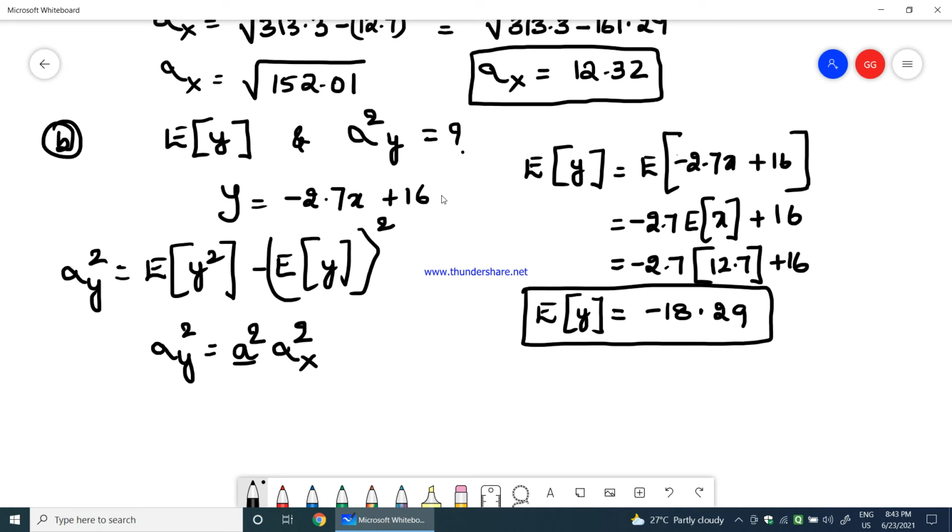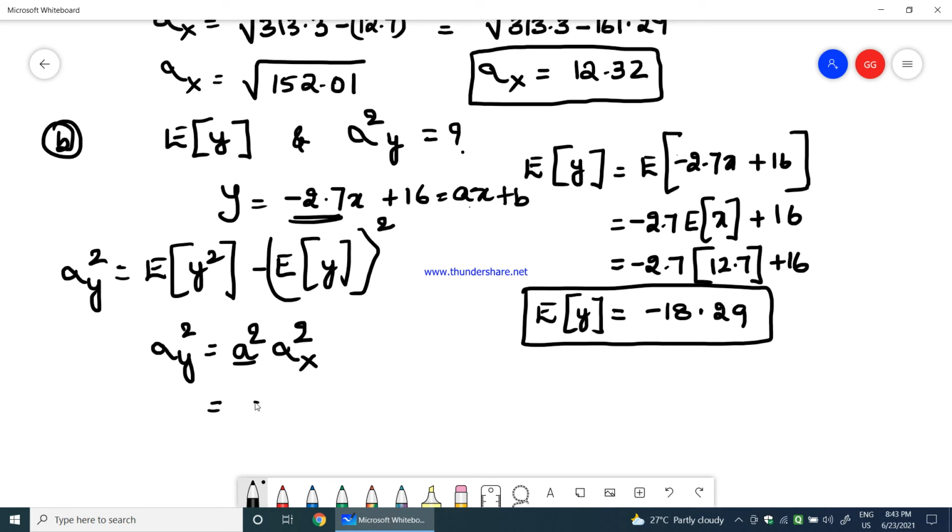What is a? Because this is in the form of ax plus b formula, therefore a would be minus 2.7.